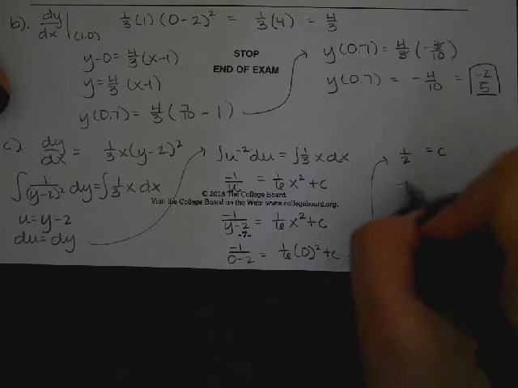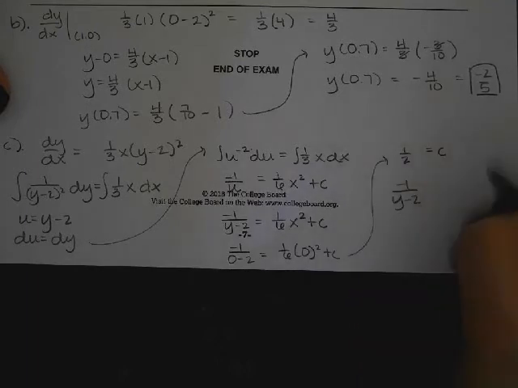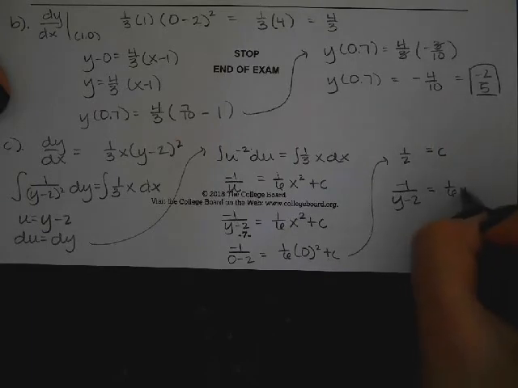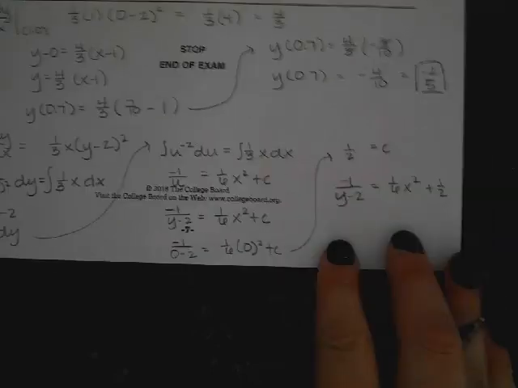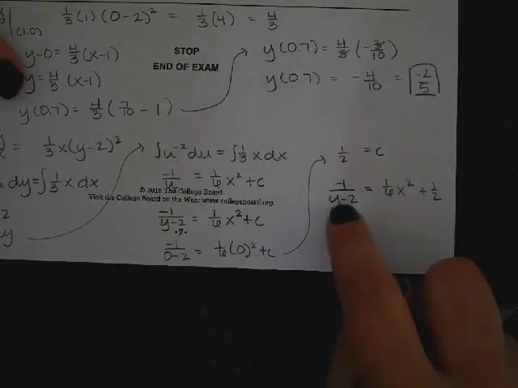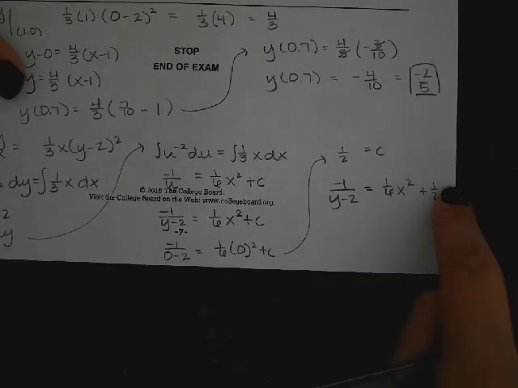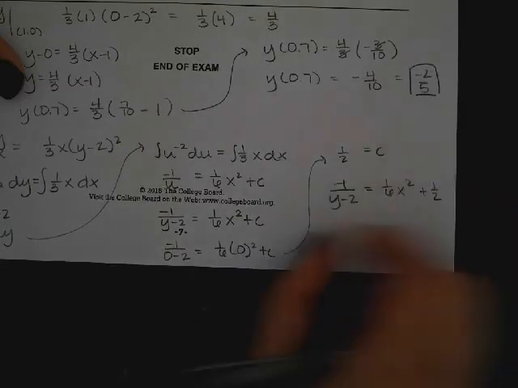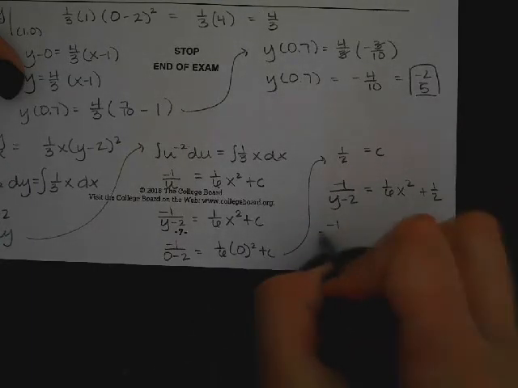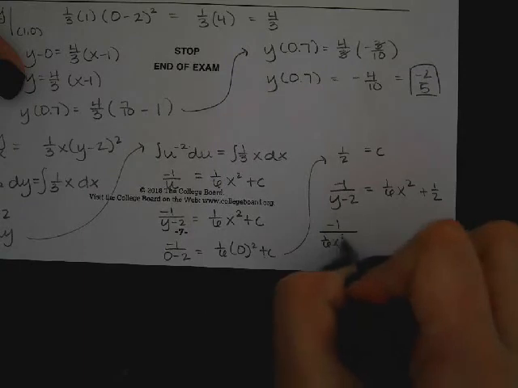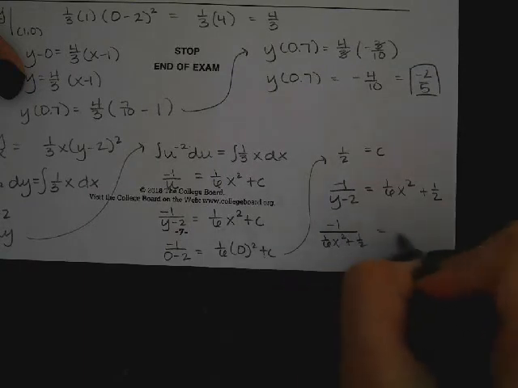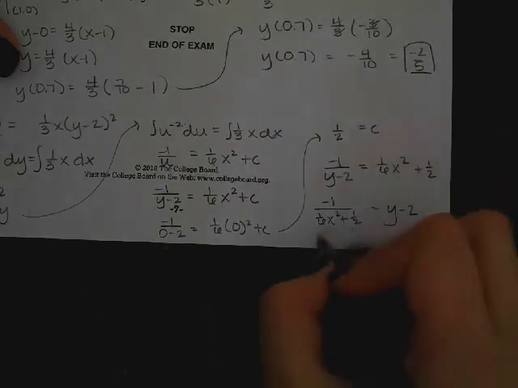And now I'm going to go ahead and write what I've got. Okay. And then I'll go ahead and multiply the y minus 2 to the other side and then take this part and divide it back over. And then I'll go ahead and add the 2 over here.